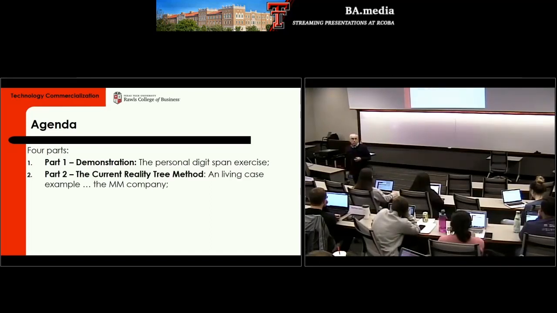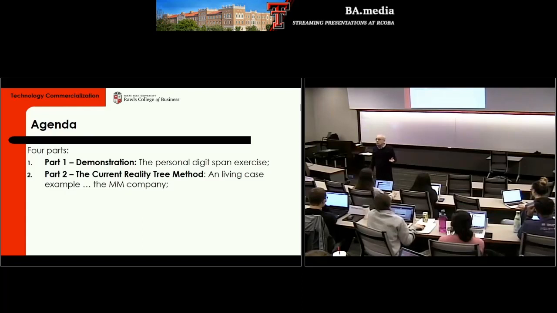Then we're going to do the current reality tree method. What I'm going to show you is the reverse engineered version of what you read. There are some terms that we're going to improve, and some processes that were talked about that are really fumbly, bumbly, designed by the guy who wrote the book to be sure that he can charge $10,000 per week per person to teach them that.